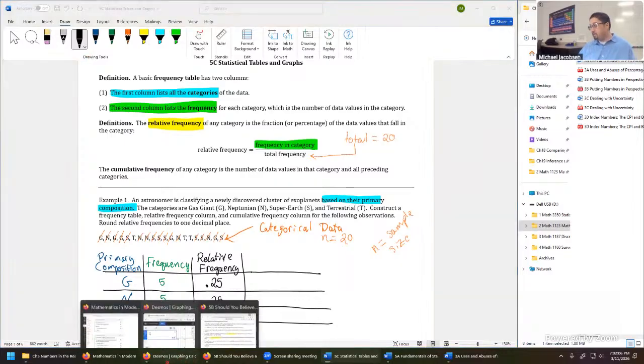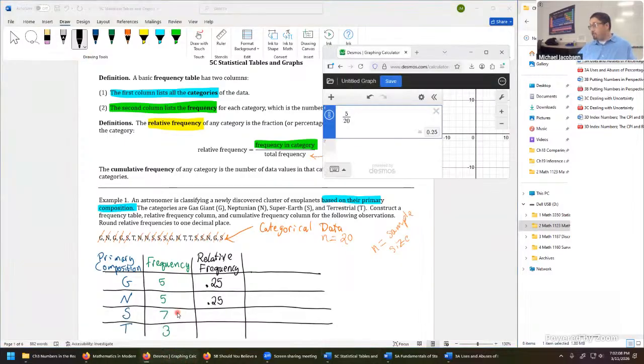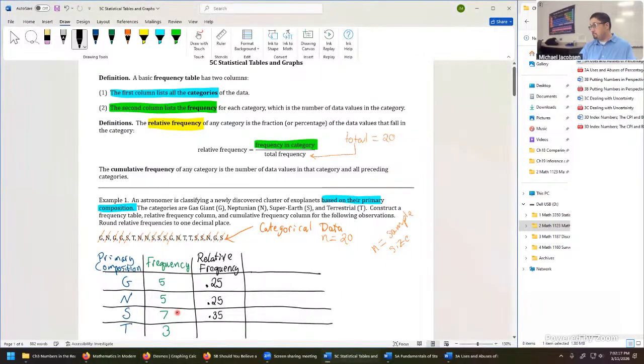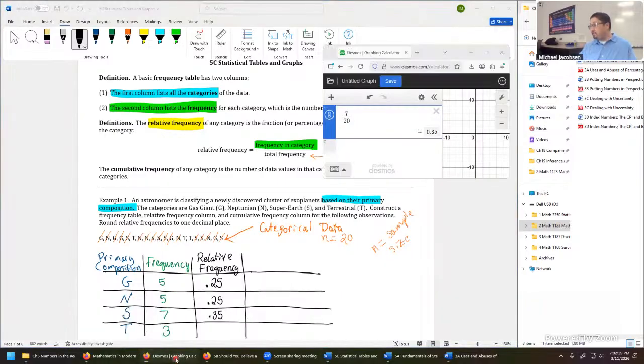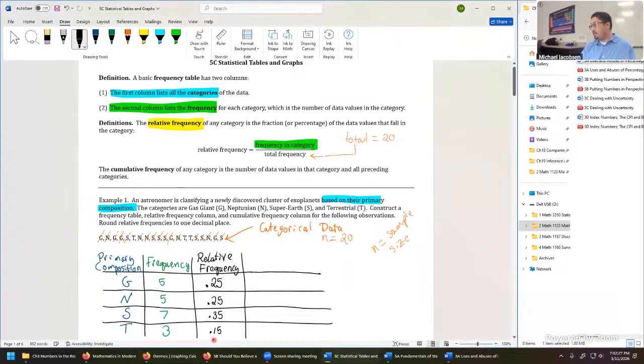Then next one, it's going to be 7 divided by 20. So we get 0.35 altogether. And last one, 3 divided by 20 is 0.15, or just 0.15 altogether.